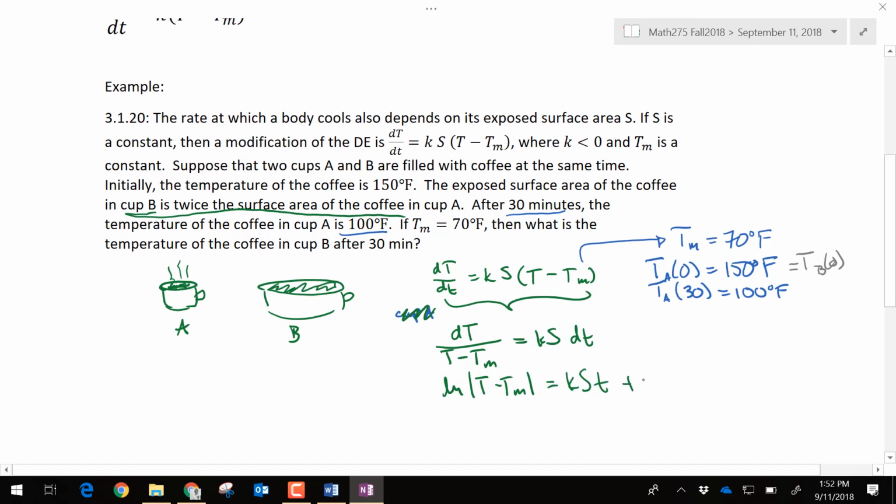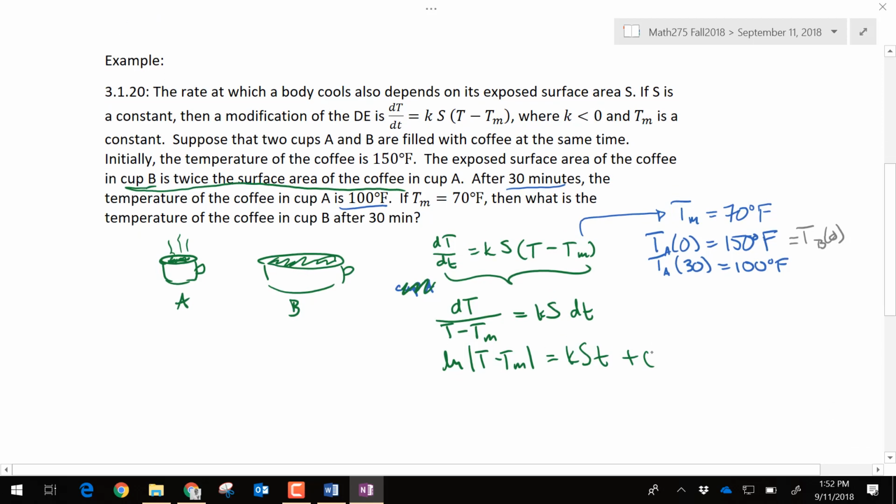And then we have Ks little t plus your constant. Don't forget your constant. Generally you want to solve for capital T, the dependent variable. So we'll take E of both sides and then we'll solve for T. So E to the Ks t, E to the C is a constant.